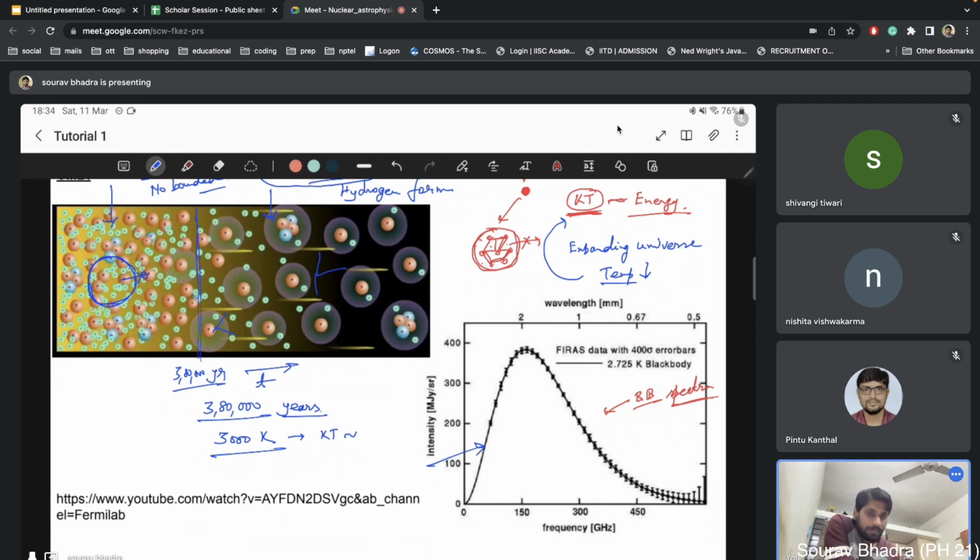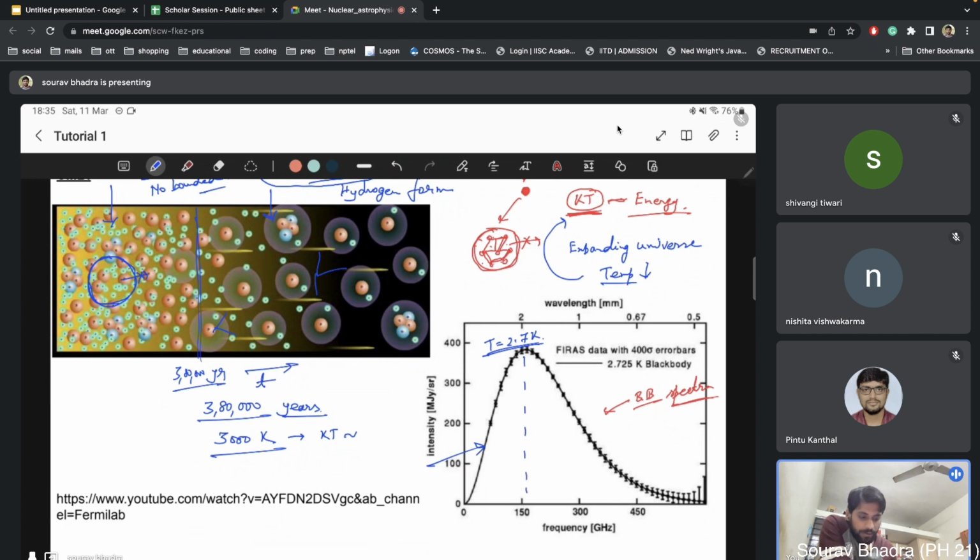As I told you, we generally measure the intensity or the flux, we cannot measure the energy density. You can see this also follows a black body type spectrum, and the temperature for this curve is 2.7 Kelvin. This is important, you must remember that 2.7 Kelvin is the associated temperature.